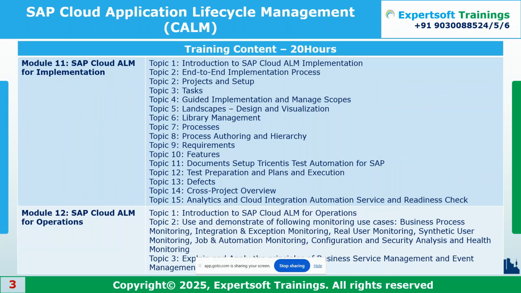So this is the detailed agenda for Cloud ALM. The topics include the key areas of Cloud ALM, that is implementation, operations, service, and transformation. We can go through all these topics when we start this training.